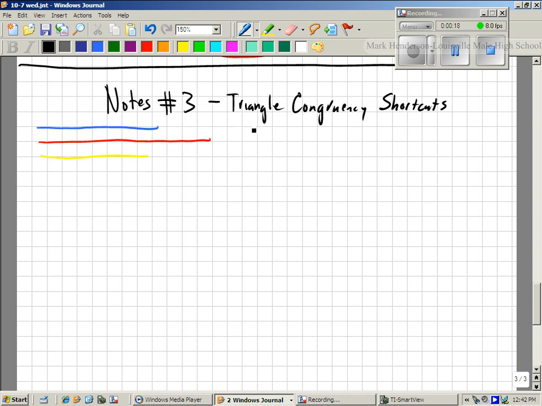So what we're going to tell is when are two triangles congruent based on measurements of sides and angles.